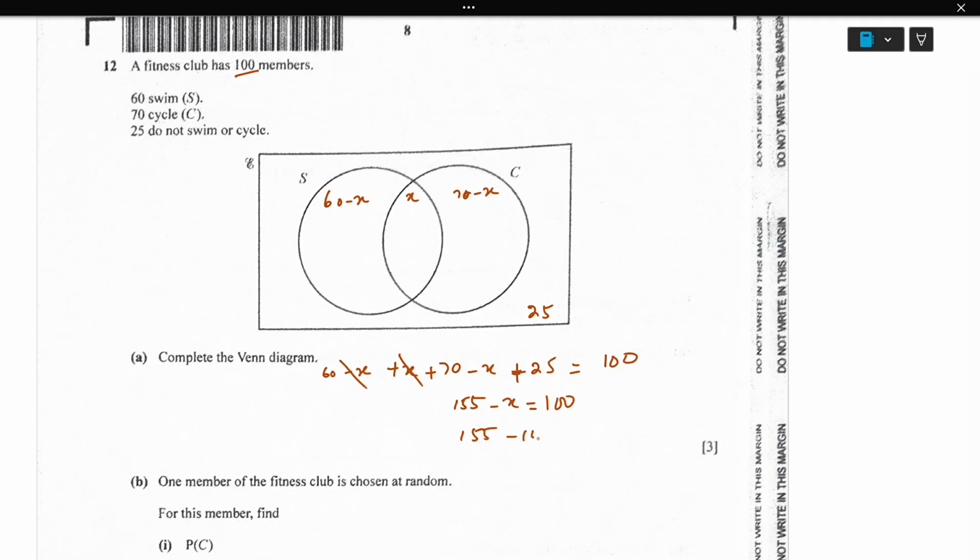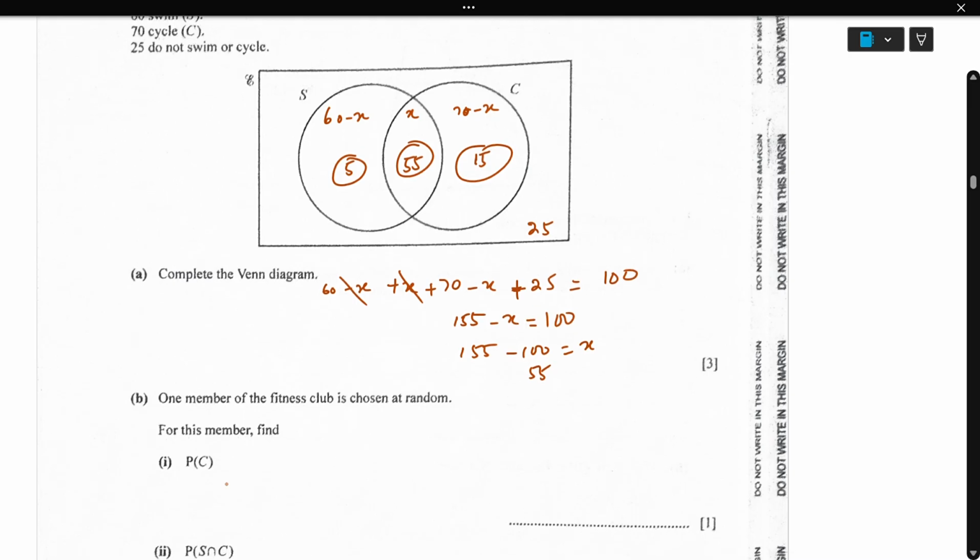So 155 minus 100 equals x, which is 55. So the middle one is going to be 55. Here 60 minus 55 is going to be 5. Here 70 minus 55 is going to be 15. So the first part is done, completing the Venn diagram.